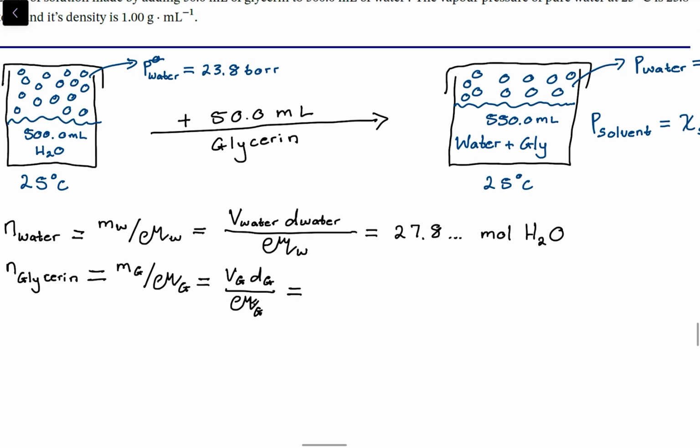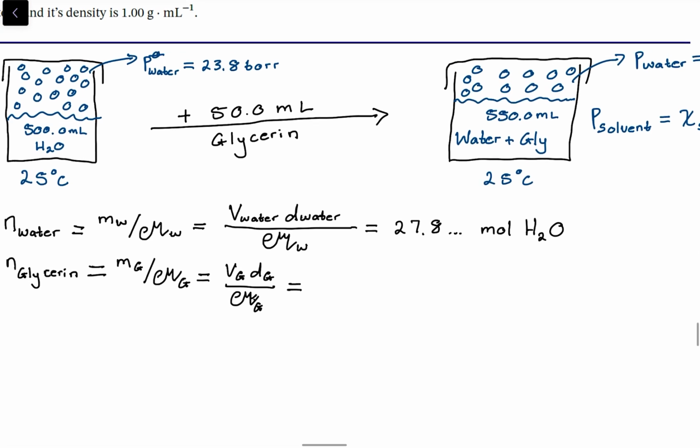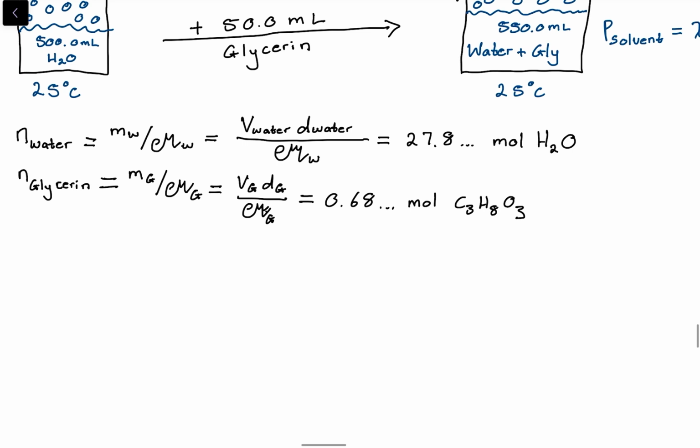Molar mass of glycerin, you can calculate, since you're given the molecular formula, C3H8O3. So it's 0.68 moles. Right, so now we have the number of moles.